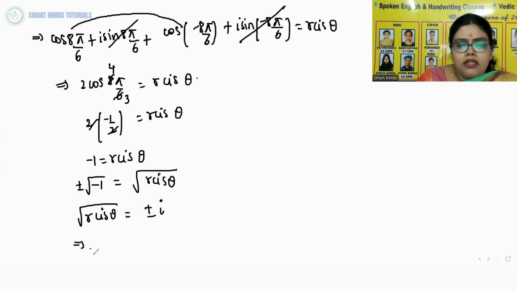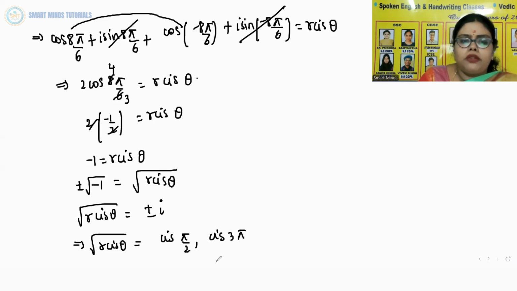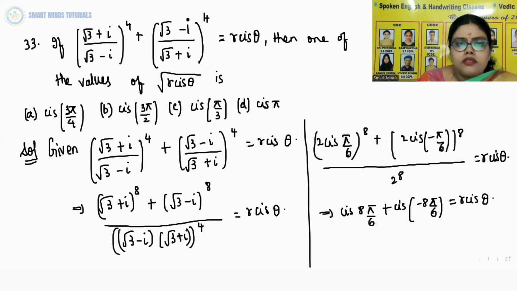So we can say √(r cis θ) is equal to either cis π/2 or cis 3π/2. Cis π/2 is +i, cis 3π/2 is −i. So which option is correct? It is option B, cis 3π/2.